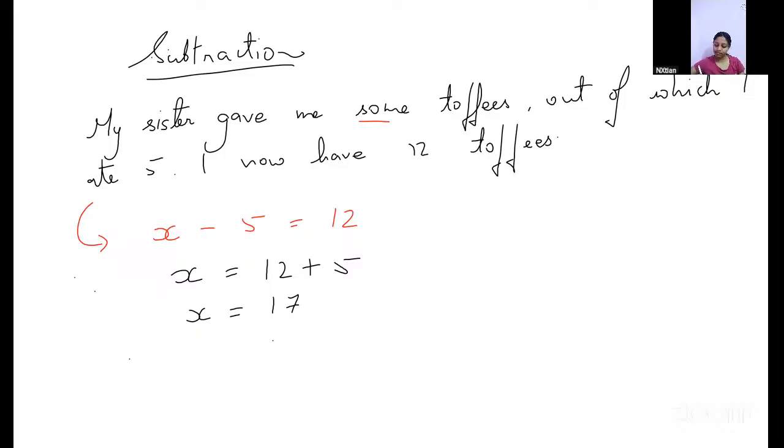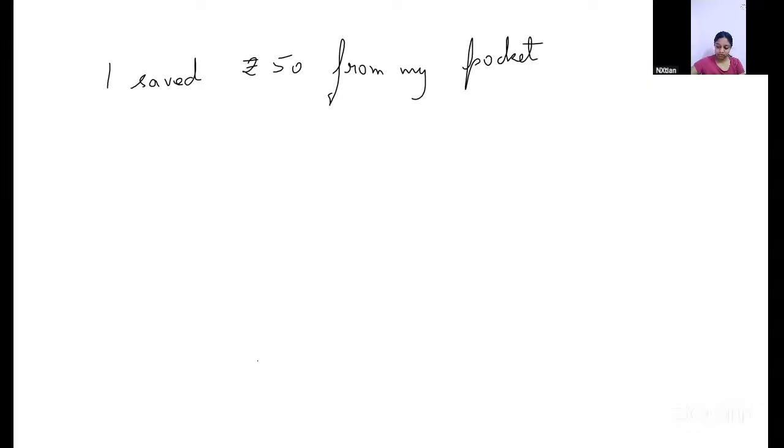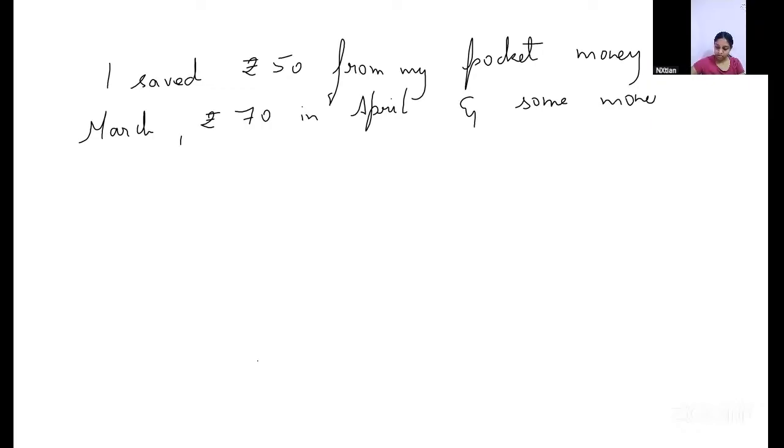For example, here on the screen right now: I saved rupees 50 from my pocket money in March, rupees 70 in April, and some money in May.